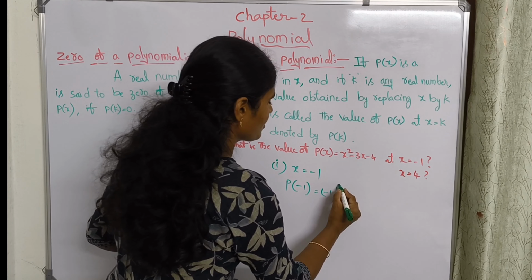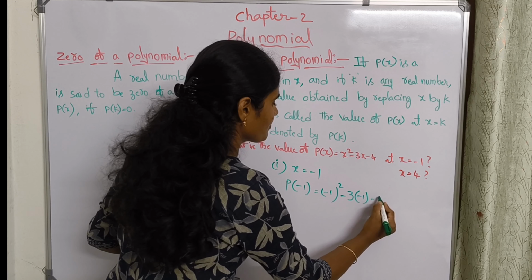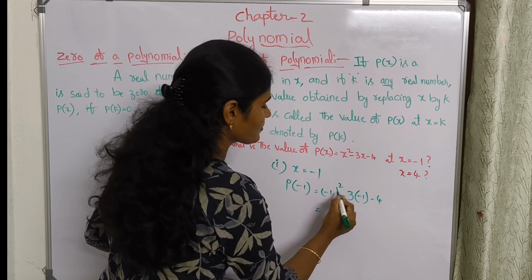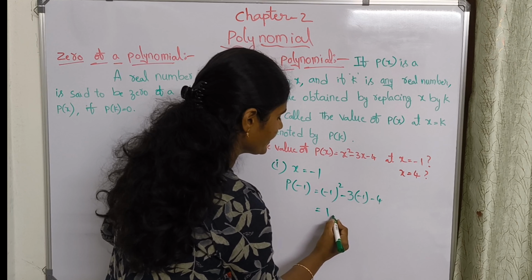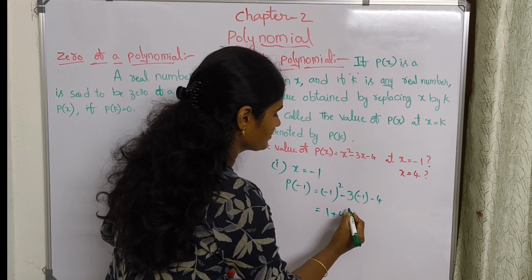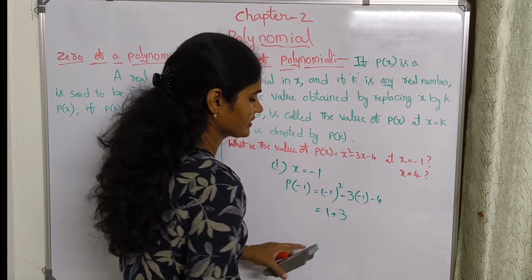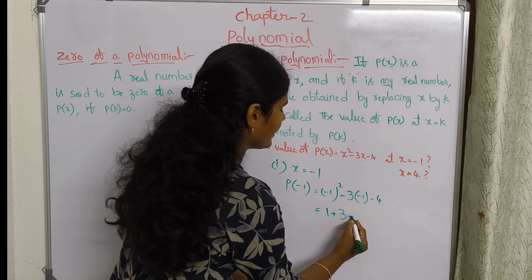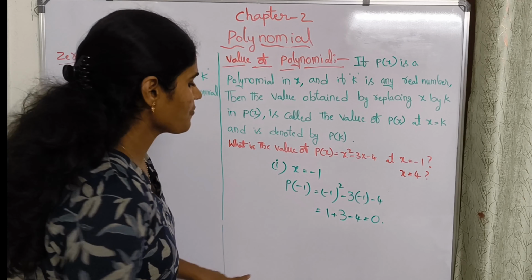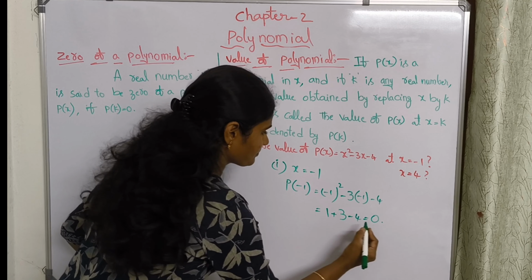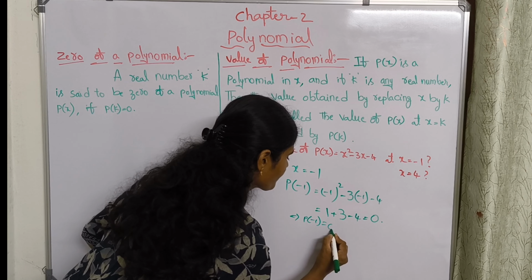So minus 1 whole square minus 3 into minus 1 minus 4. Minus 1 whole square means plus 1. Minus into minus is plus, 3 into 1 is 3. And minus 4. So result is 0. So p of minus 1 equal to 0.